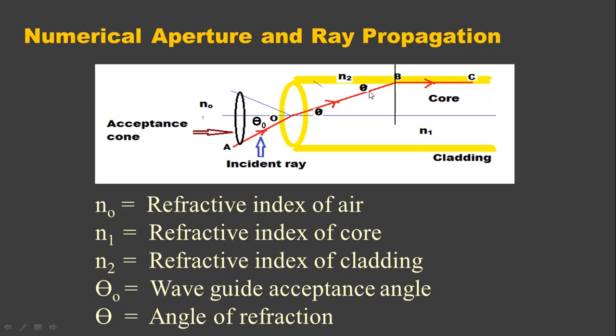That means this angle of incidence becomes the critical angle for this core and cladding. Because of that, when the ray passes across point B, it moves along the interface of the core and cladding. This is what happens during ray propagation inside an optical fiber.